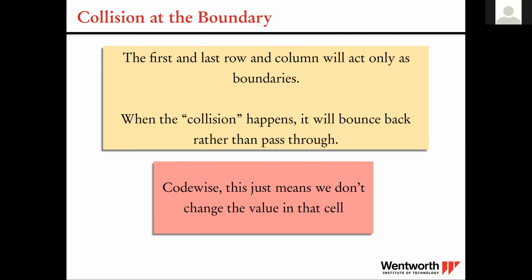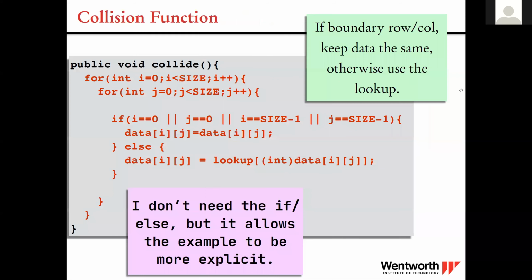So when a collision happens, you can think of it as just bouncing right back. If you have a down particle and it's in a boundary cell, you can think of it bouncing off the middle of the cell. So after a collision, it would just stay right where it was. A particle in D before a collision would just be in D after the collision. So we can do that very simply.